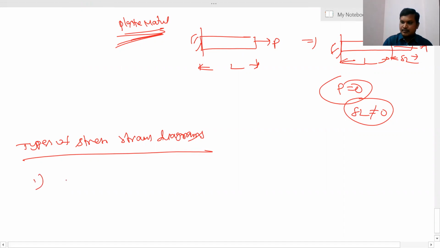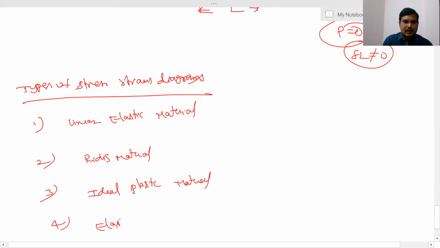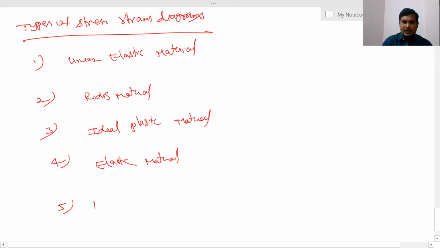The first one is linear elastic material, the second one is rigid material, the third one is ideal plastic material, the fourth one is elastoplastic material, and the fifth one is rigid plastic material. Is it clear?